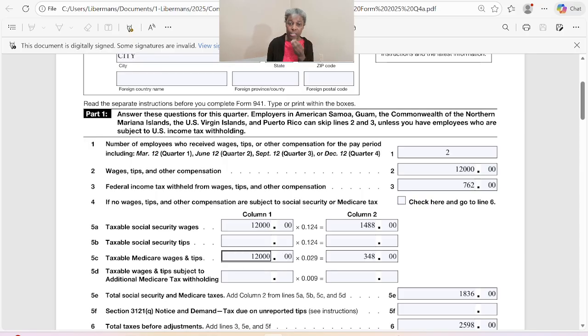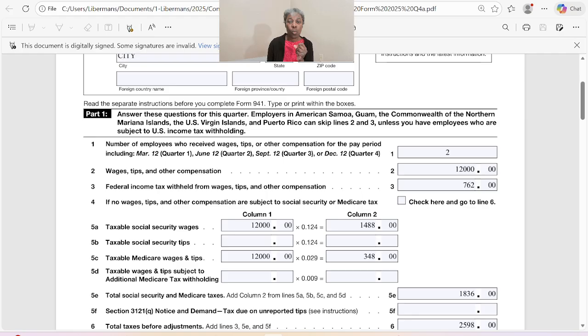There are no tips, so there is nothing to put for tips. You will take this number times 0.124, which covers employee and employer. This form is asking you for the combined payroll tax, the employee portion and employer portion, so that total is what goes here.